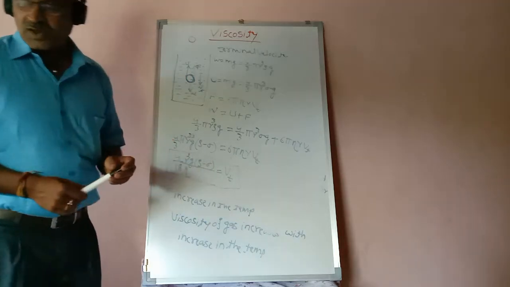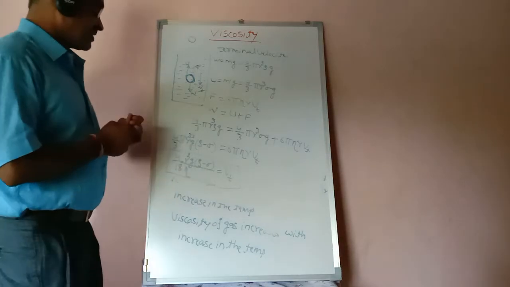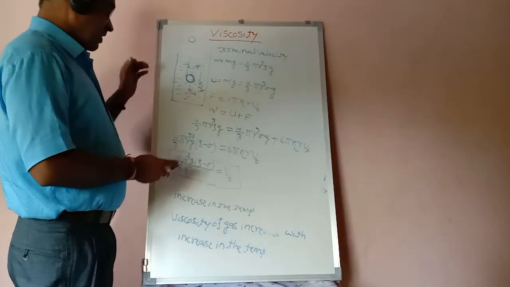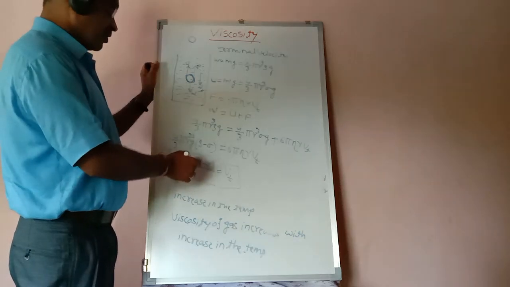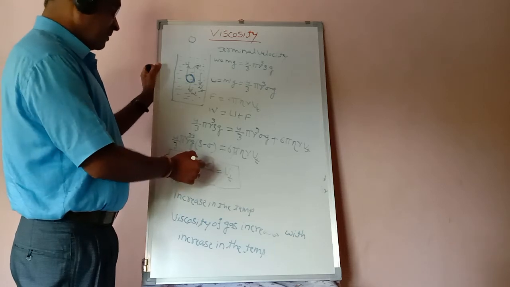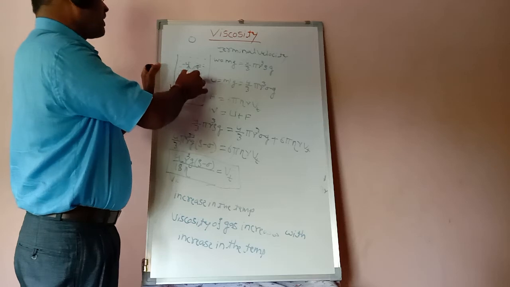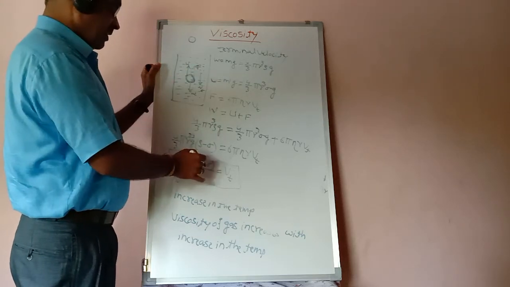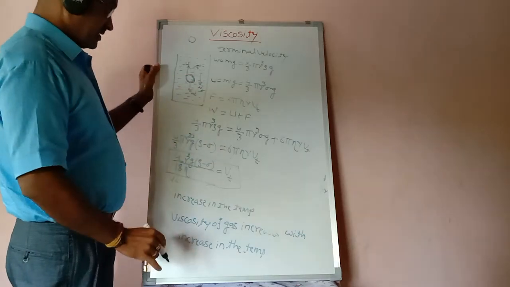Clear? Now we go to the next one. The terminal velocity depends on the square of the radius, is inversely proportional to the coefficient of viscosity, and is directly proportional to the difference between the spherical body density and the liquid density.